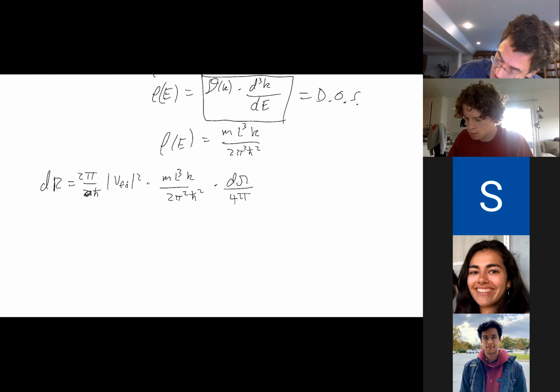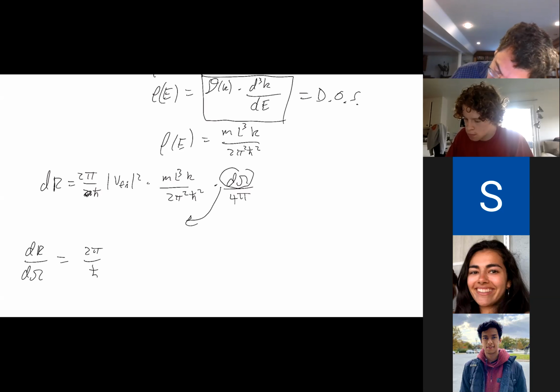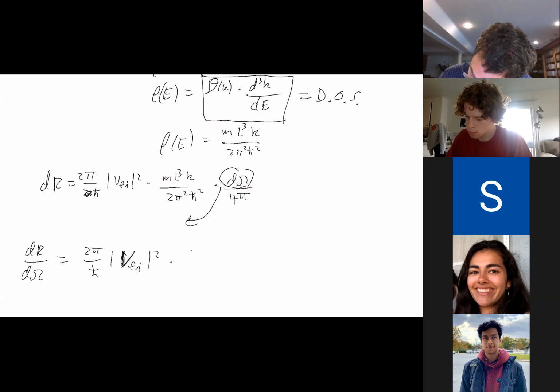And then I can pull this underneath, and I get dr d omega. I just want to write this answer down, and then we'll be done. It'll be 2 pi over h bar V_fi squared times m L cubed k over 2 pi squared h bar squared times 4 pi.